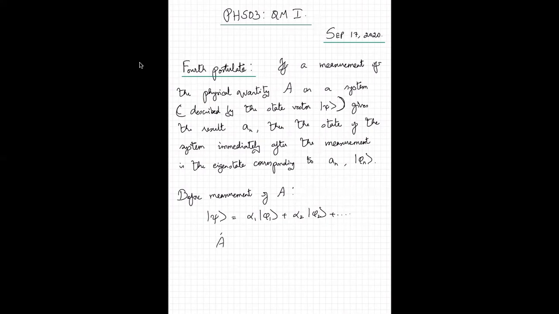Where A acting on phi n is An phi n, where A is a Hermitian operator.